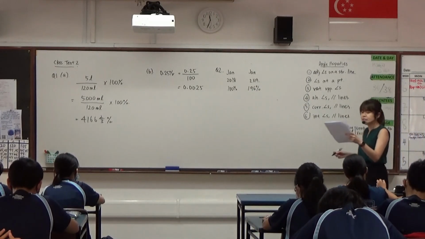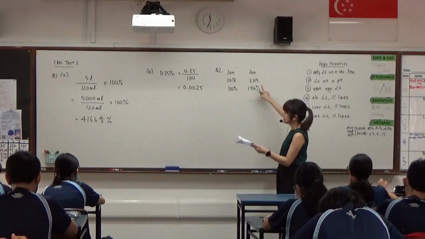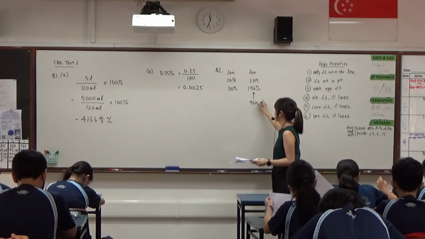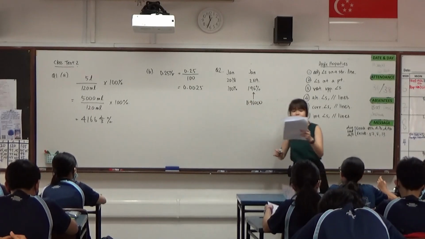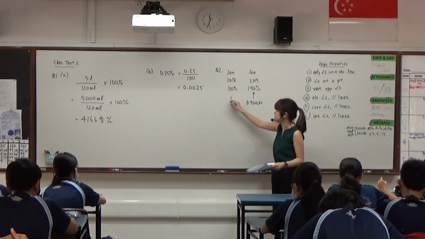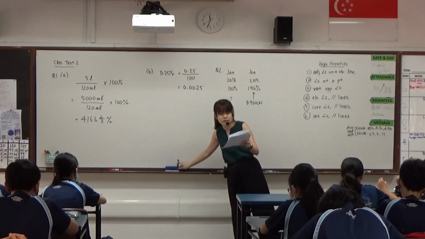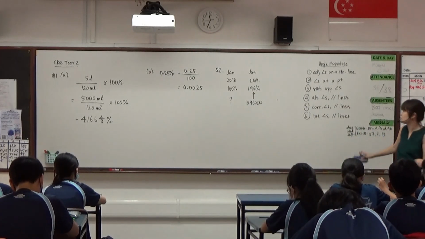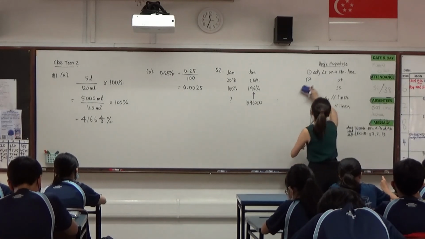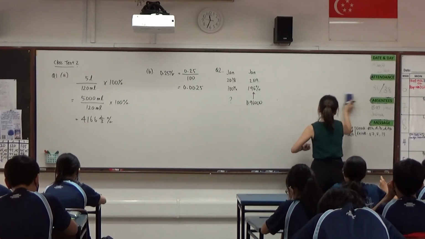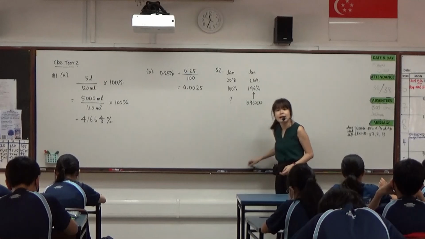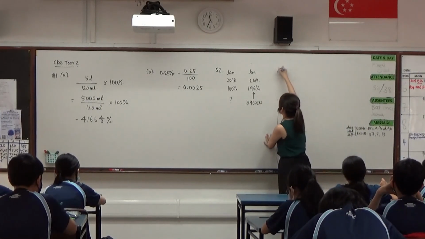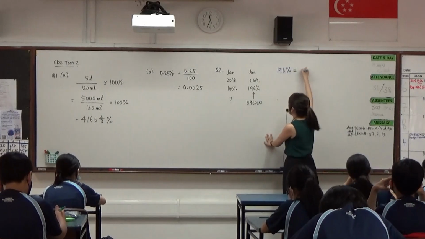Then the question says that the price of the car was $96,000 over here. We want to find the price of the car in 2018. The question also said round your answer to the nearest whole number. Some of you just skipped that instruction and didn't round your answer. To present our answer, some of you still have the habit of writing 196% equals $96,000.